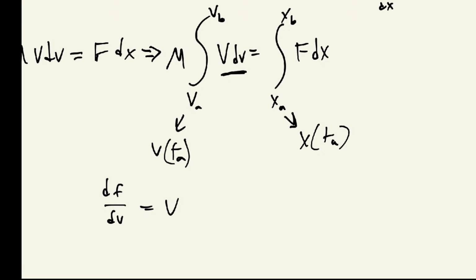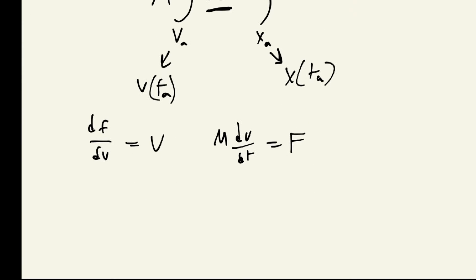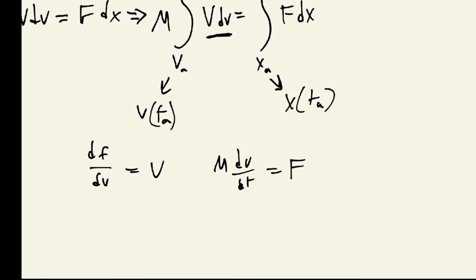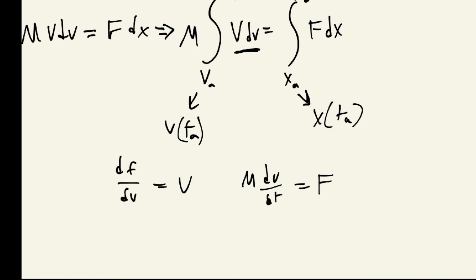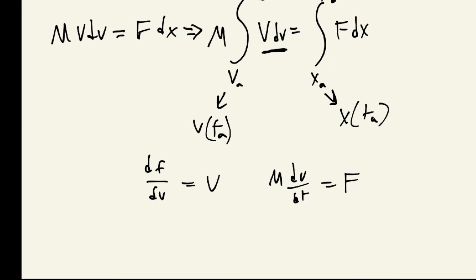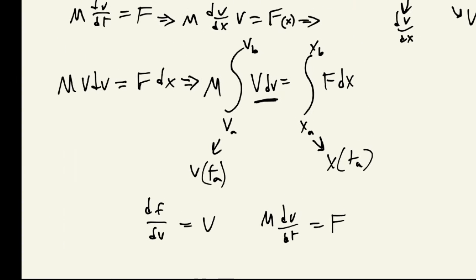Remember we had m dv over dt equals f. If we had, this is acceleration. But then we move the dt to the other side. Actually, we didn't move the dt to the other side. We changed the dt into a dx.